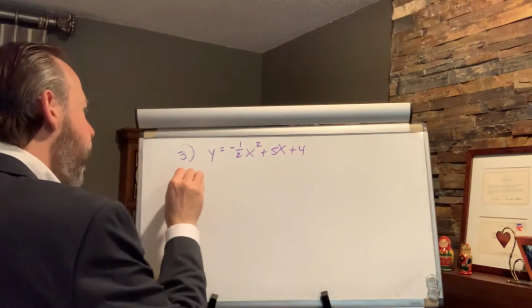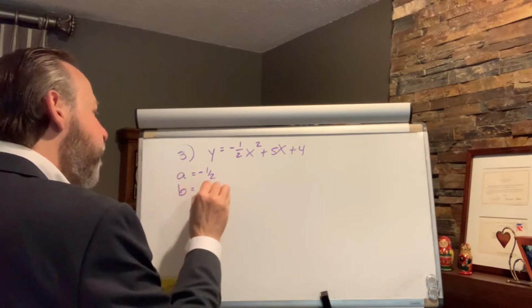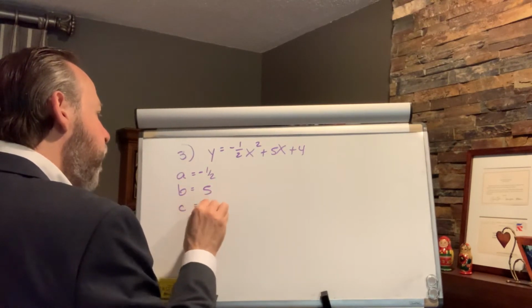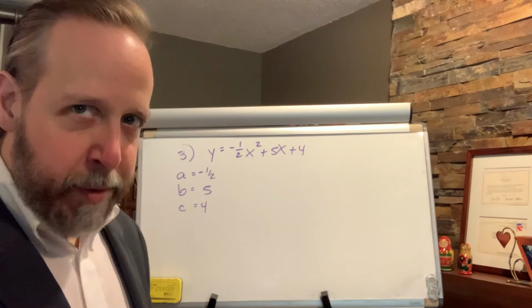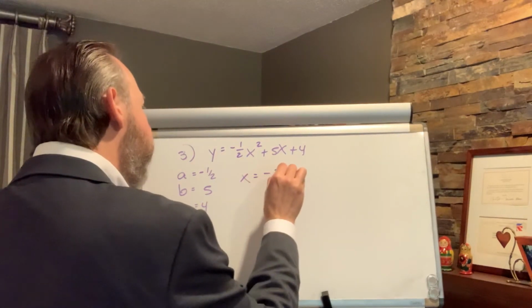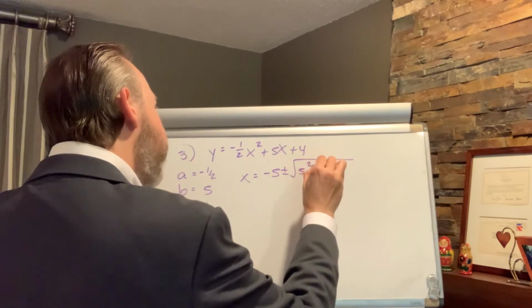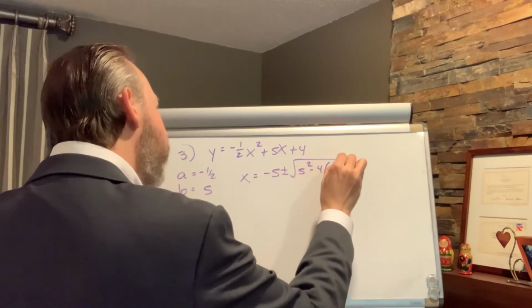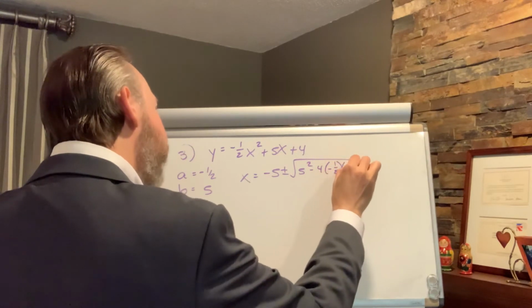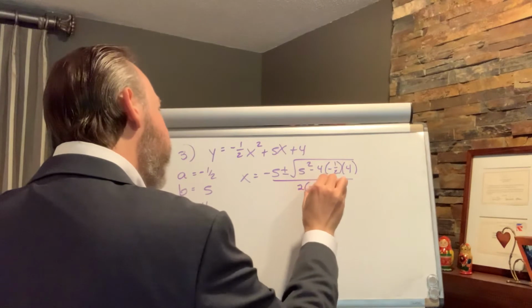So again, a this time is -1/2, b is 5, and c is 4. So we're going to go back to the quadratic formula and use it. x equals -5 plus or minus the square root of 5 squared minus 4 times -1/2 times 4, all over 2 times -1/2.